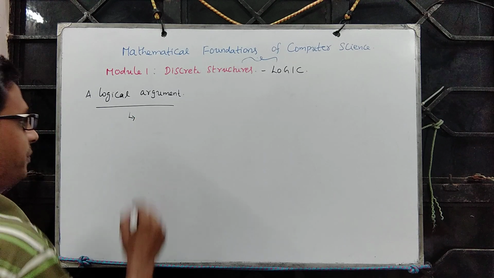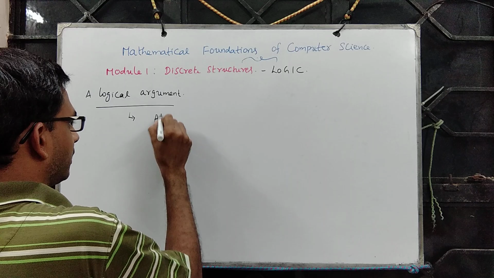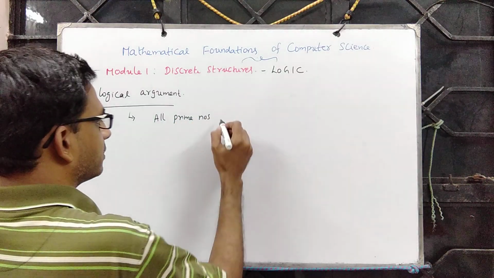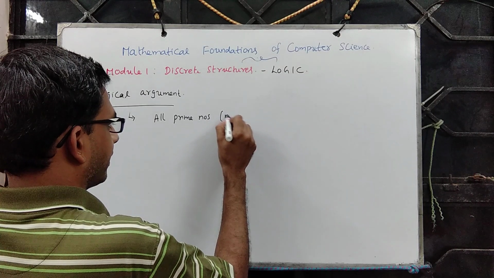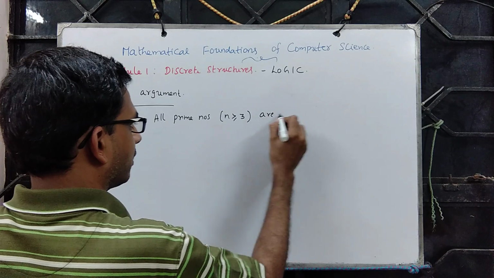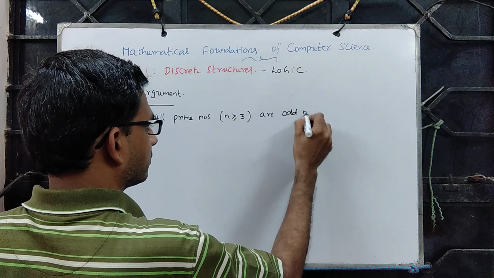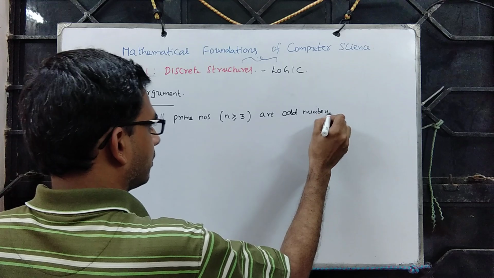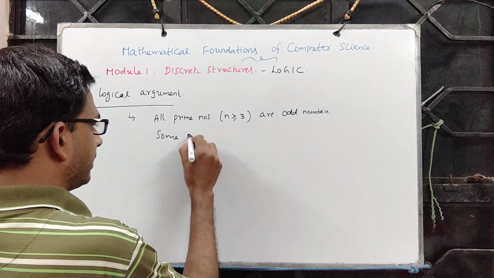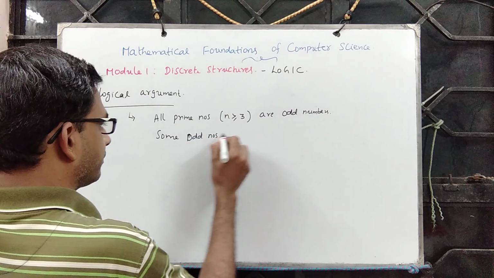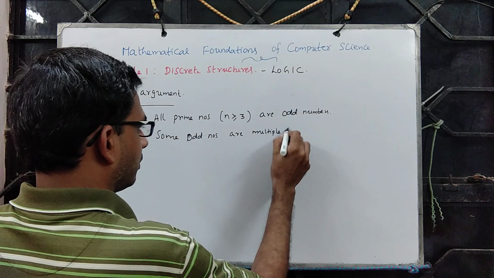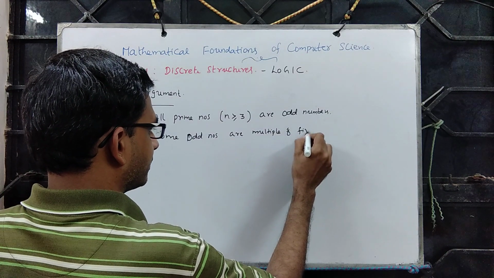So look at this argument. So all prime numbers, say n greater than or equal to 3, we say are odd numbers. Then we say some odd numbers are multiple of say 5.